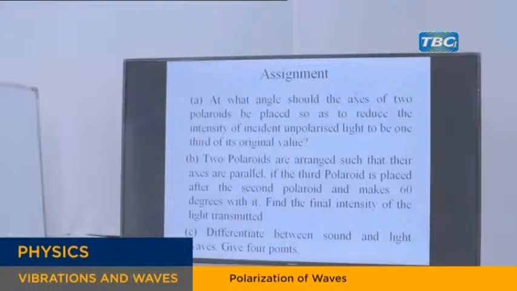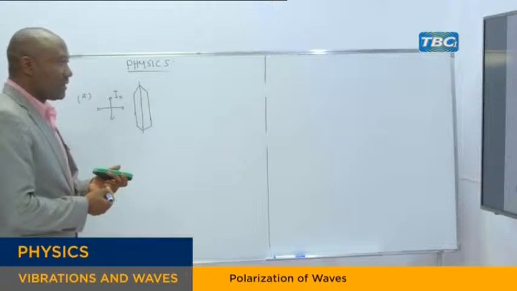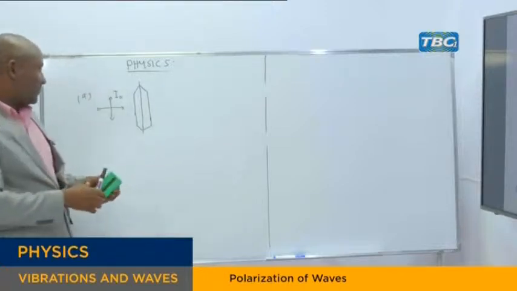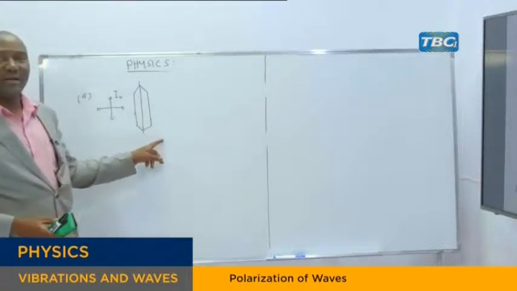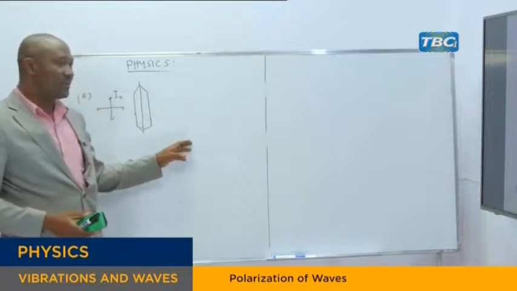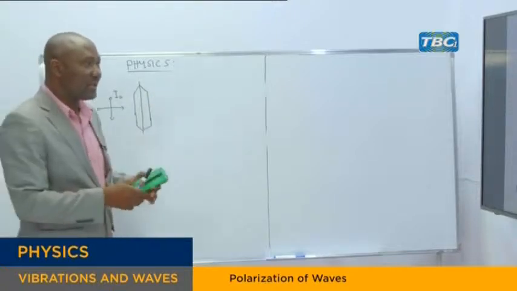It means it has vertical and horizontal components. And we know that the axis cannot be horizontal. If it's horizontal, the two axes will be at right angles, and the intensity will be 0. It means there must be an angle somewhere here.